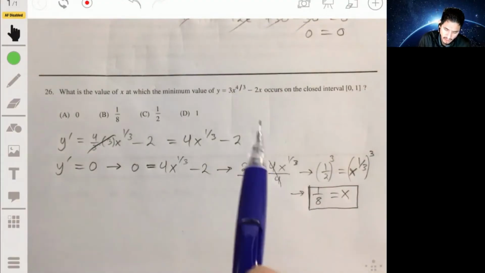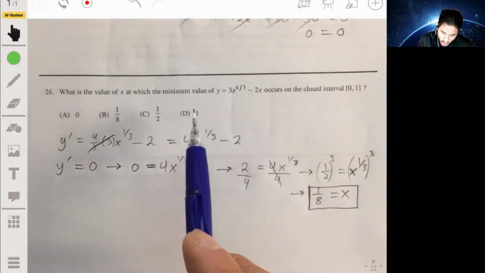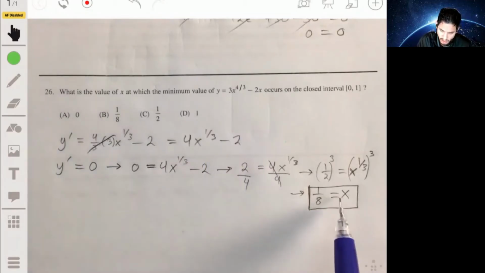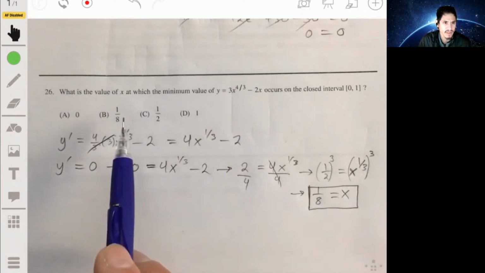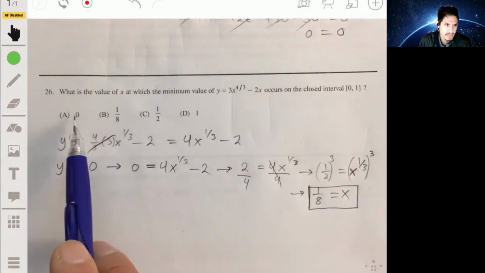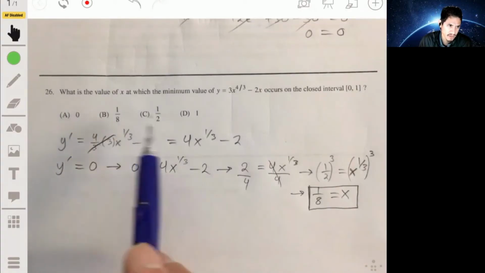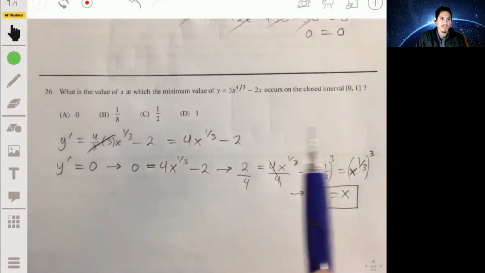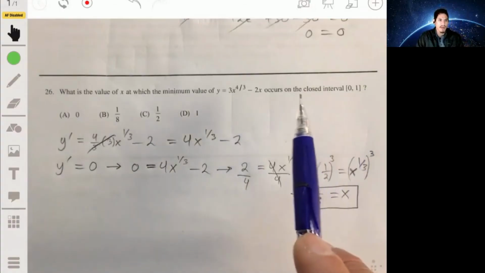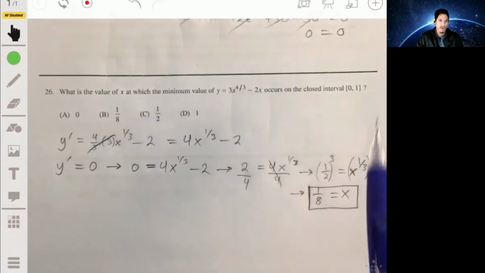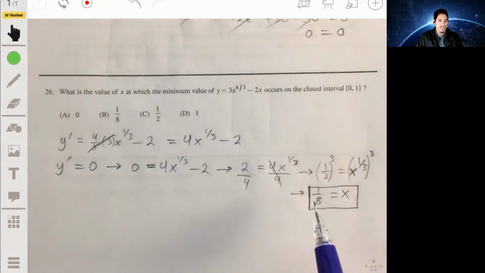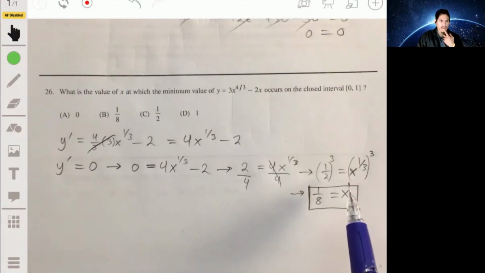And then we can see, well, kind of already given the answer, but let's just see if it compares with 0 and 1. So what you can do is just evaluate the function at 0, at 1, and at 1/8, or see if the derivative is decreasing before 1/8 and then increasing after 1/8.